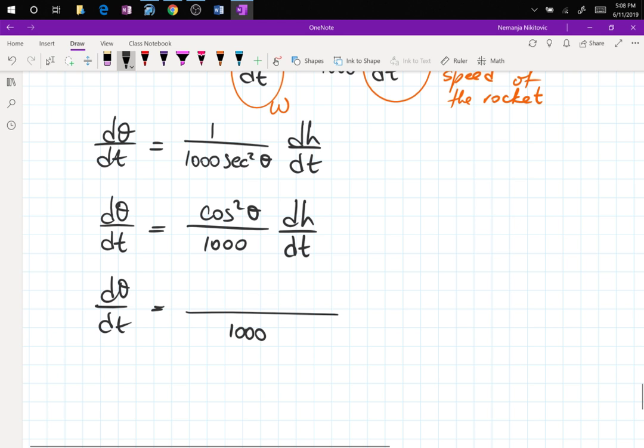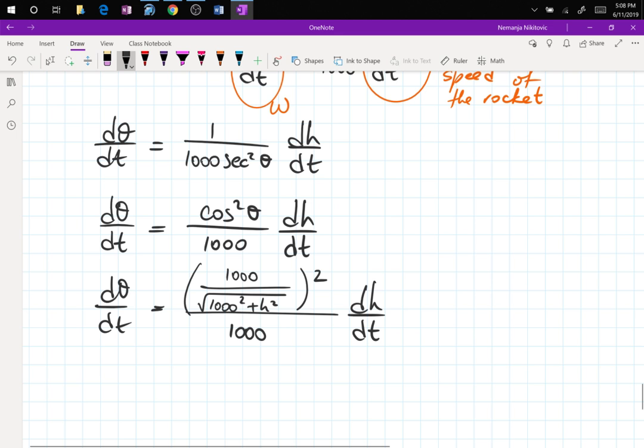The cosine is adjacent, which is 1000 divided by the square root of 1000 squared plus h squared. And then we have dh dt. And yes, we square the whole thing because cosine was squared.